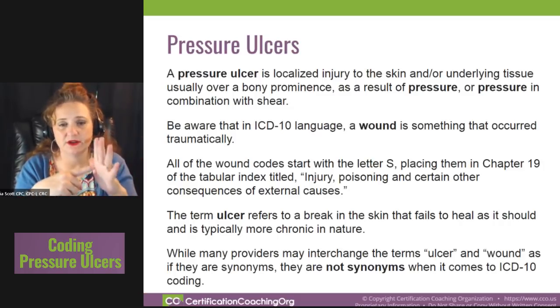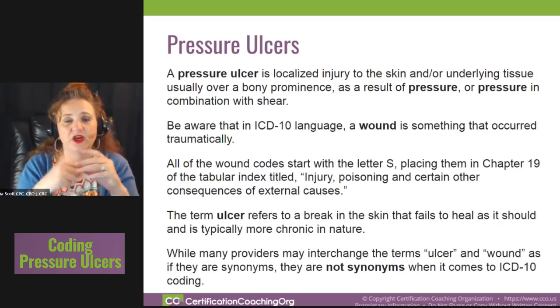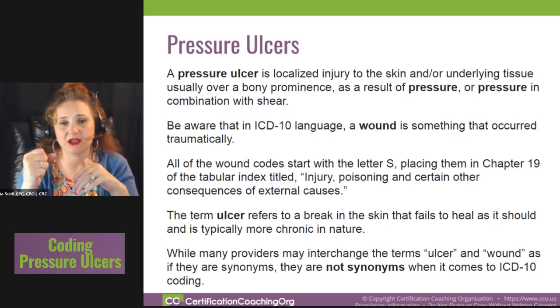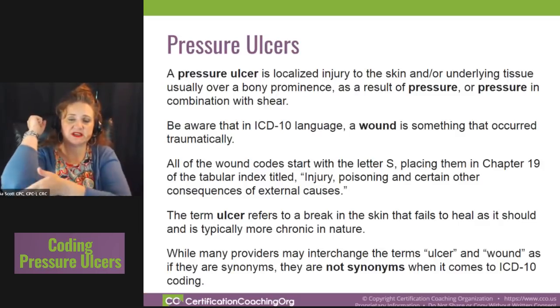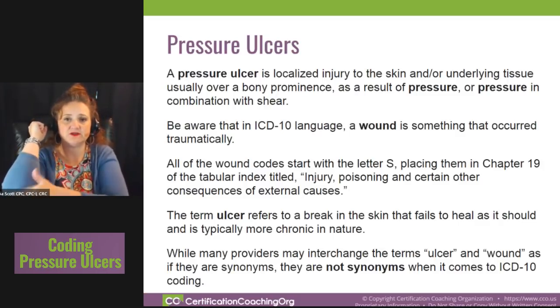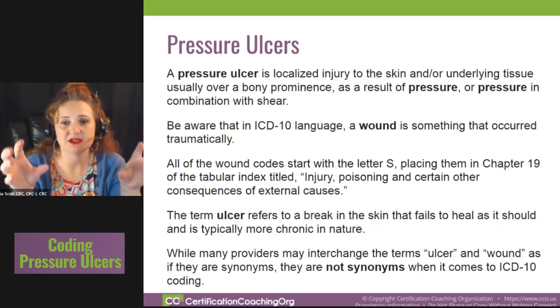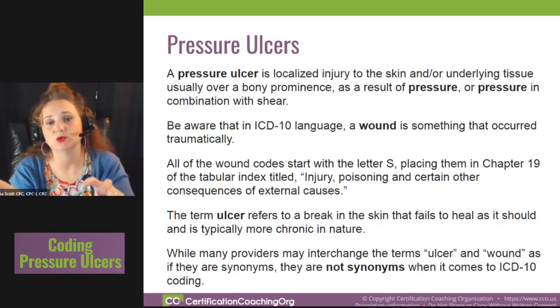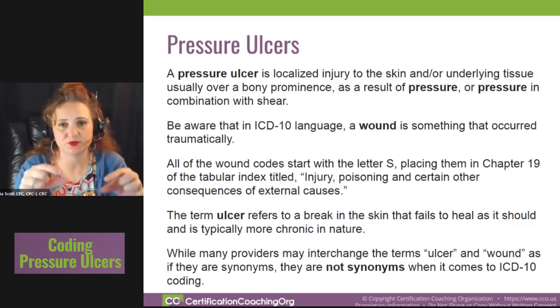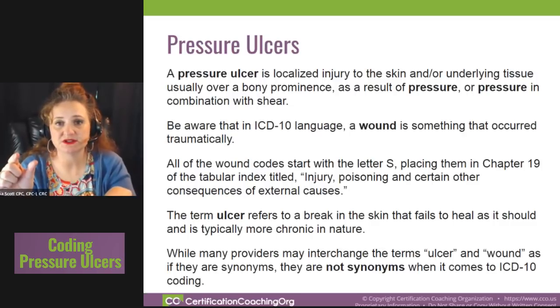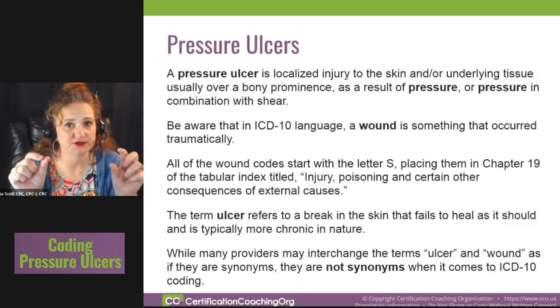If you got a splinter in your hand, that's traumatic. If you fell on your elbow, you didn't break anything, but it really messed up the skin and took the hide off of the end of your elbow there on that bony prominence, that's not an ulcer, that's a wound, right? You could have an avulsion wound. An avulsion sometimes can end up looking like an ulcer.